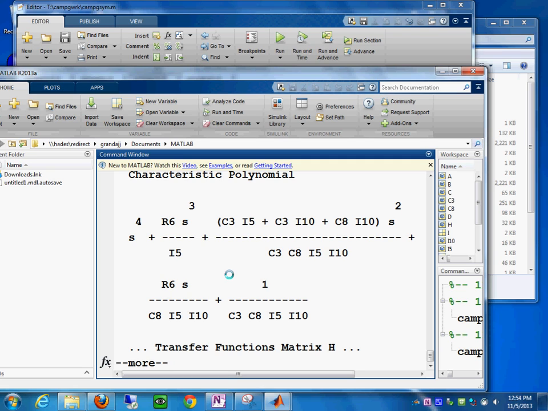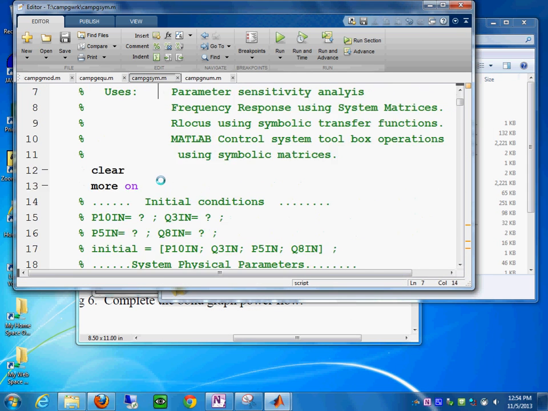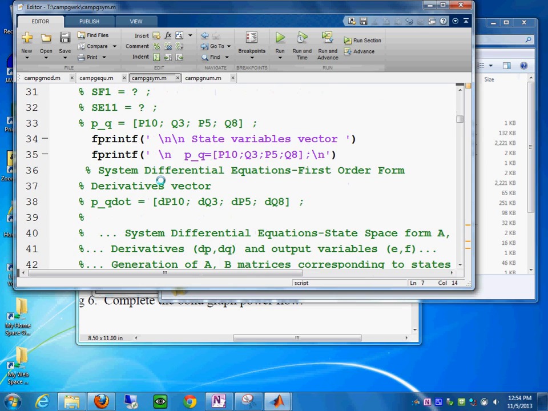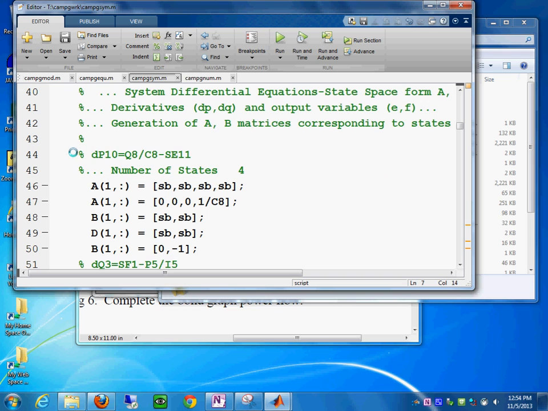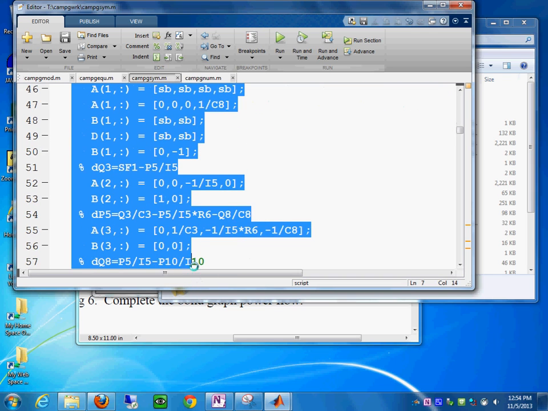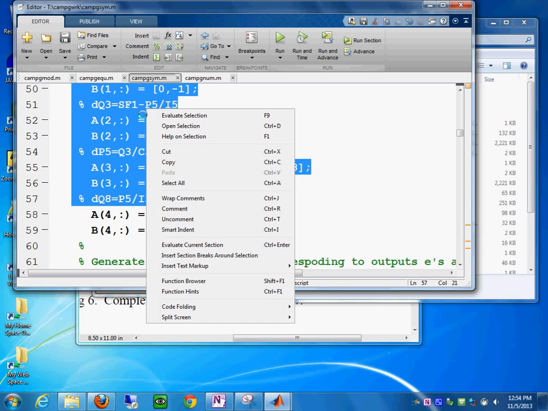But for now, I am going to go back to this file where the equations are. Let's see, all I need are the equations. I don't need anything else, but I could just take it from this file in here.